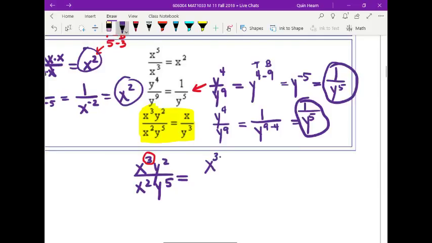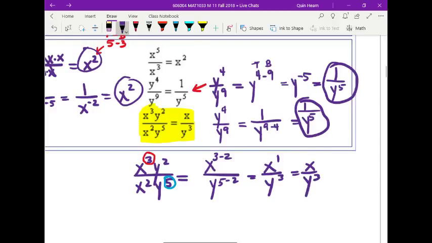So we're going to have x to the 3 minus 2 over. And then for the y, since the bigger exponent's in the bottom, I'm going to do bottom minus top and leave it in the bottom. So that's going to be y to the 5 minus 2. So that's x to the first over y cubed, or in other words, x over y cubed.